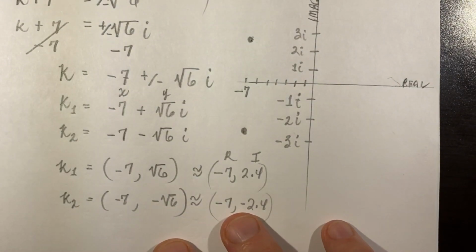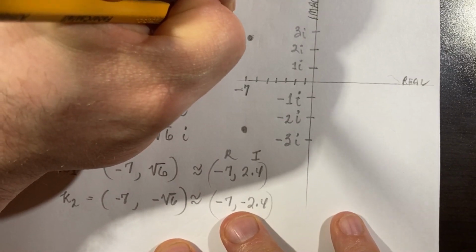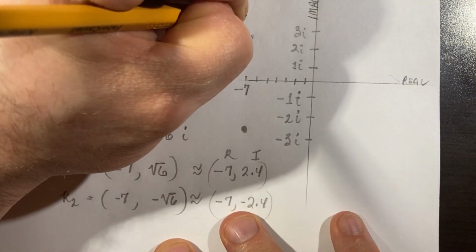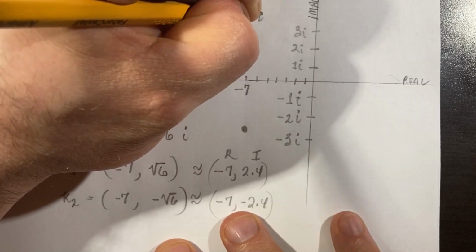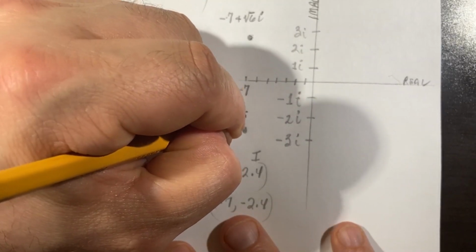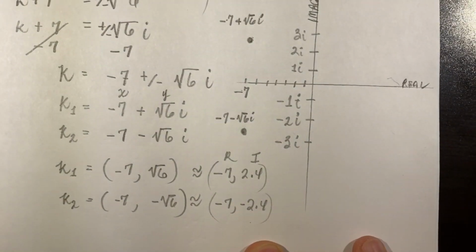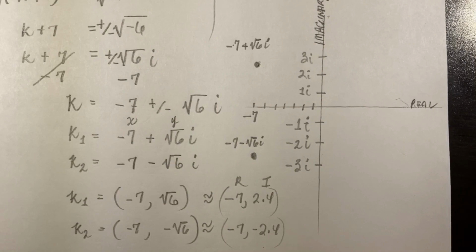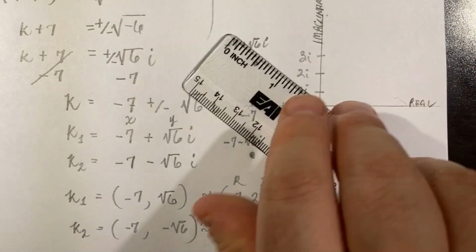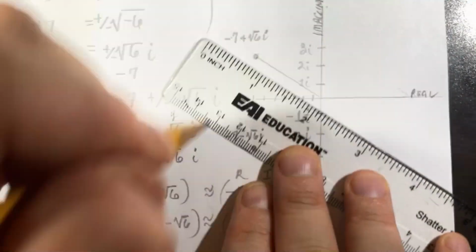So the complex coordinates right here are negative 7 plus square root 6 i, and down here it's negative 7 minus square root 6 i. And just as a little preview, the thing that's really important is to determine the magnitude of this line.